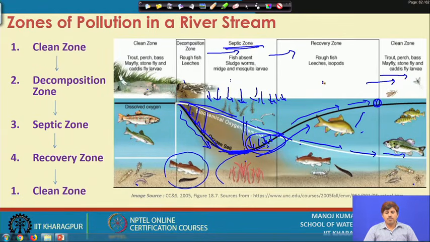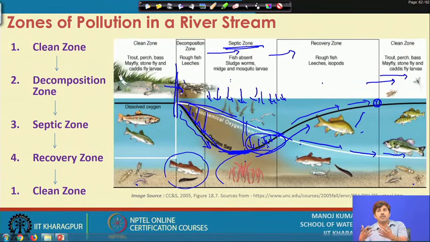Or, if you look from the point where the waste is introduced into nature, there is the decomposition zone, where the decomposition starts, the septic zone, the worst condition with the minimum dissolved oxygen, and the recovery zone, where the river tries to get back to its original state.